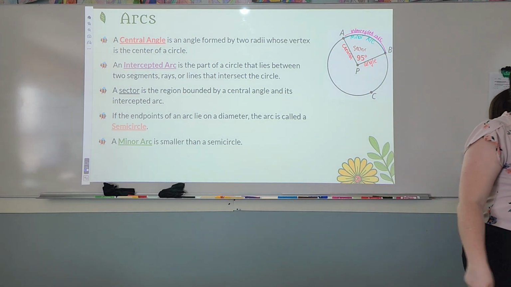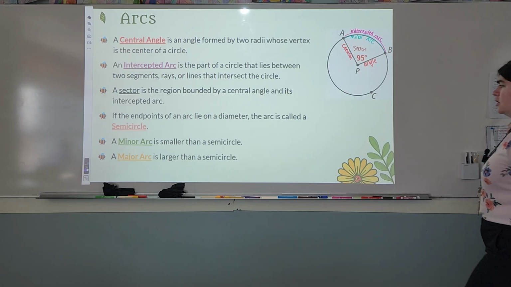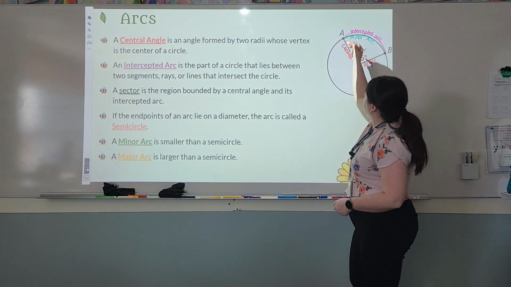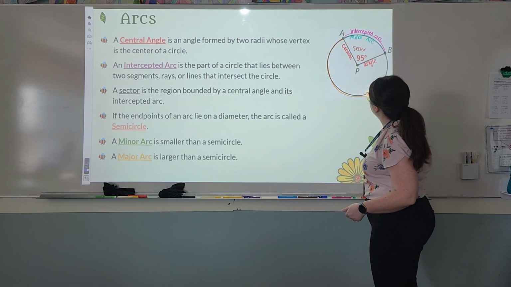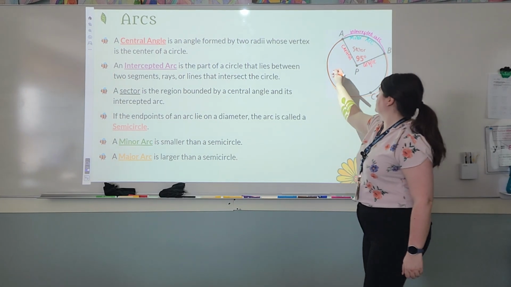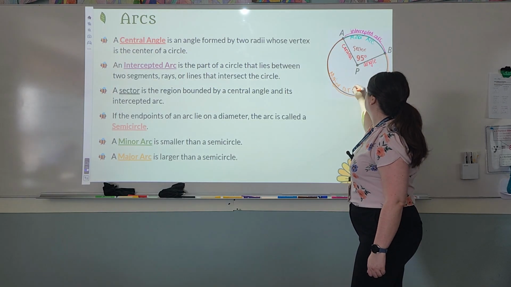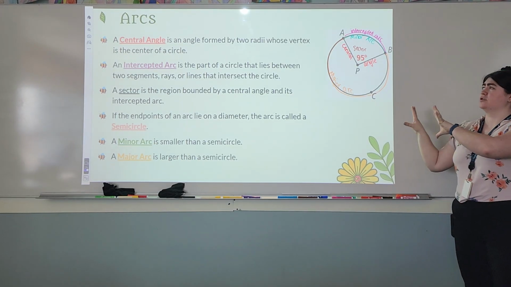And if we have a minor arc, then you would expect that we would have a major arc. A major arc is larger than a semicircle. So this distance around the circle, essentially the long way, that is the major arc. Okay, so those are the pieces.